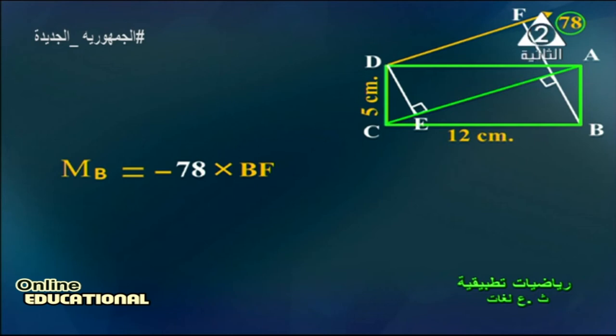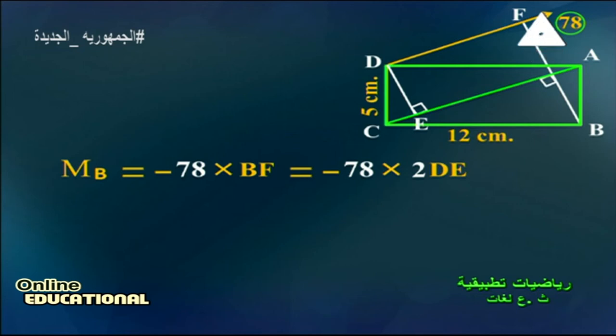BF is perpendicular to AC and perpendicular to the line of action of the force F. Now, BF equals 2DE. Then the moment of the force about the point B equals negative 78 multiply 2DE.